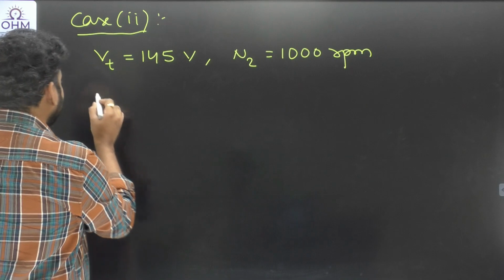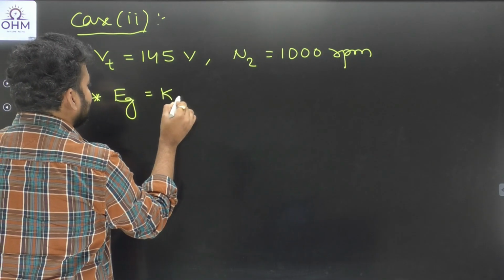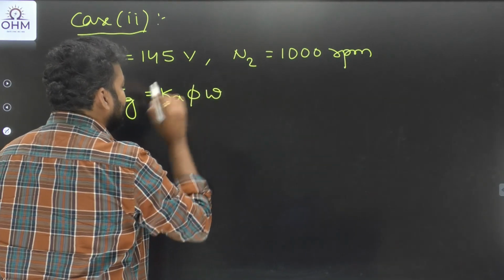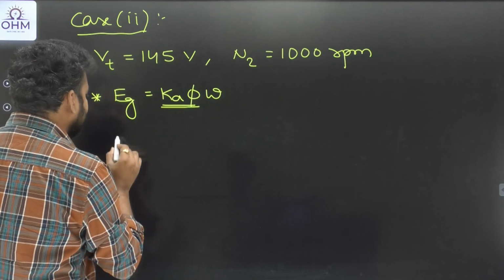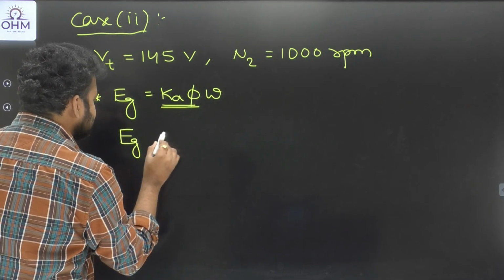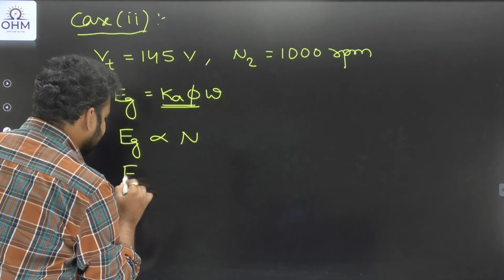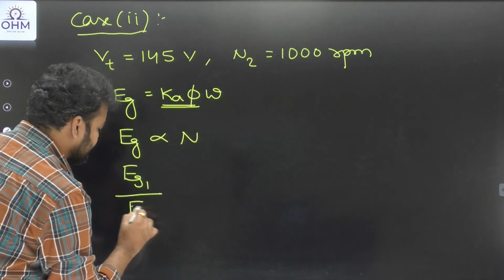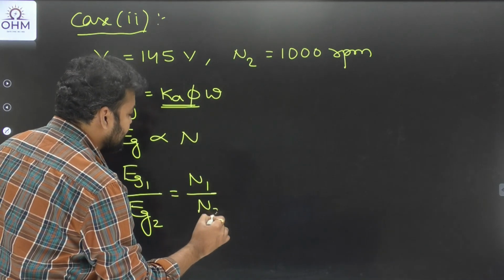What is the formula? Generated EMF is equal to Ka into phi into omega. As the machine is separately excited, flux is a constant value, right? Therefore, Eg is directly proportional to speed. So, Eg1 divided by Eg2 is equal to N1 divided by N2.